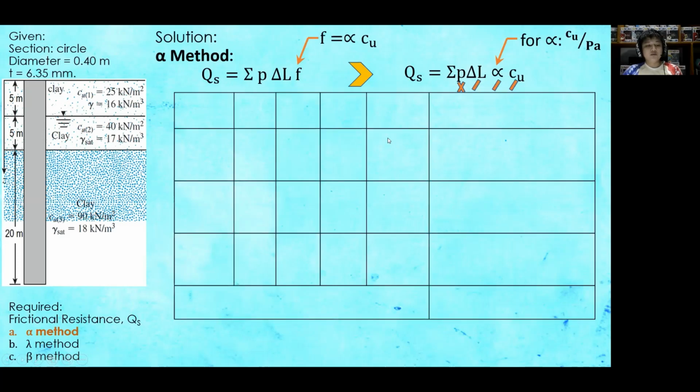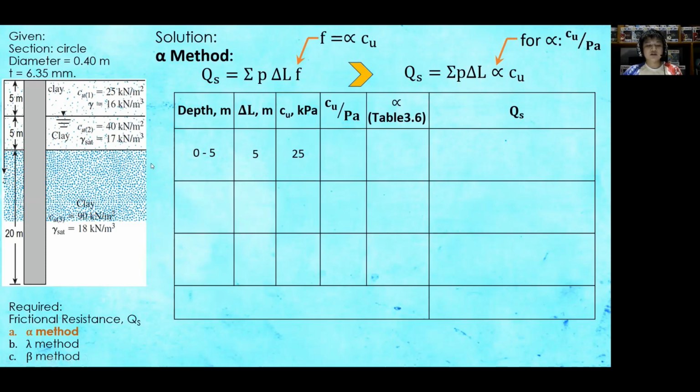So, in table form, the different processes are to determine the span depth and determine the sectional length with this depth with varying Cu, thus the ratio of our Cu to Pa to determine alpha, then segment Q sub S.